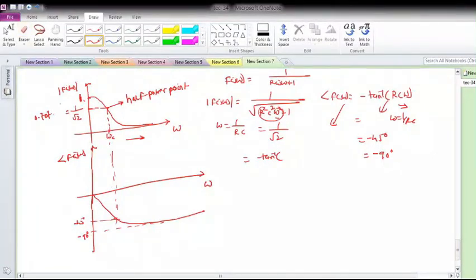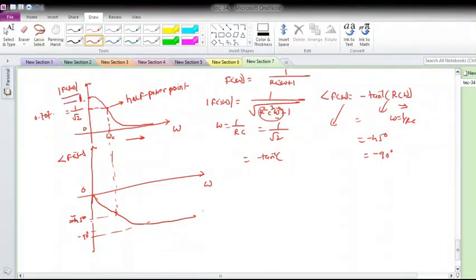There is some scaling factor that you can assume. I think now I have sufficient gap between minus 45 and minus 90 degrees. This way you can draw it graphically, and if you want to calculate analytically, you can vary the values of omega and plot the magnitude response and phase response.